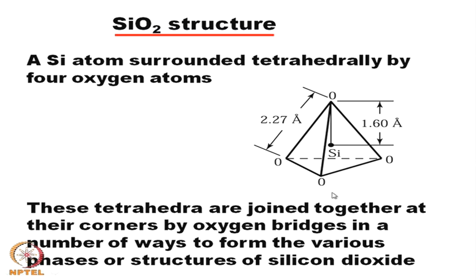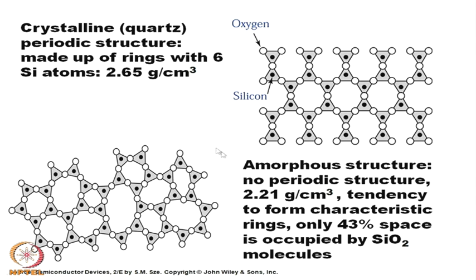Here, depending on the oxygen bridges, two types of bridges are shown. In one, the oxygen bridges make up rings with 6 silicon atoms: 1, 2, 3, 4, 5, 6. These 6 silicon atoms make up rings, and this is a crystalline structure.